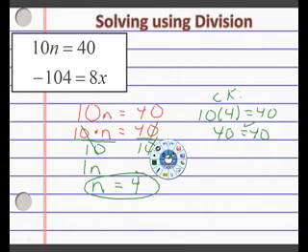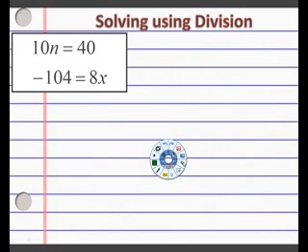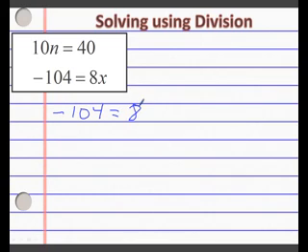Now this next practice problem has the variable on the right side instead of the left side. You can work it with that variable on the right side and the numbers on the left side, and it won't matter in the end.